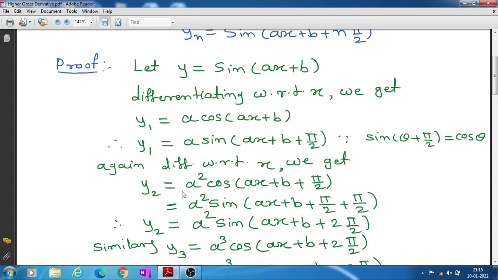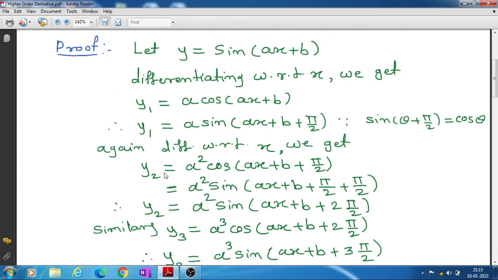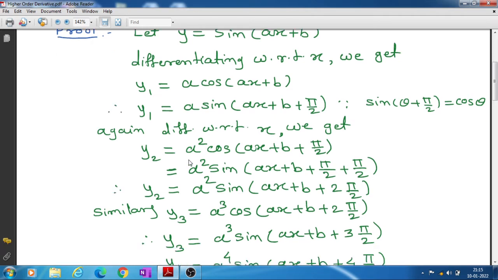Again, if we differentiate this y1 with respect to x, then we get the second derivative y2 as cos(ax + b + π/2) into a. So already here is a, and again we multiply by a, therefore it becomes a² cos(ax + b + π/2).